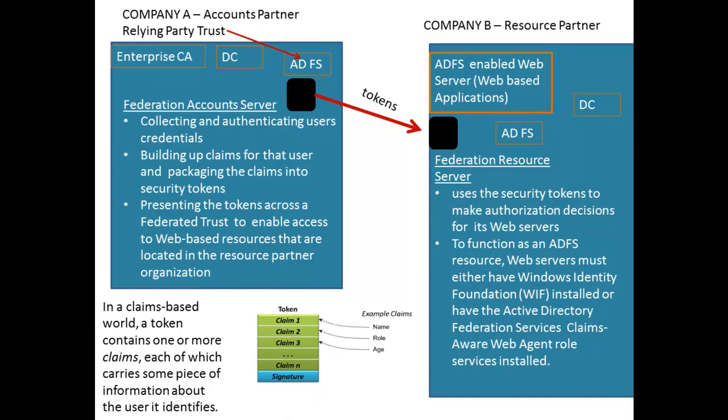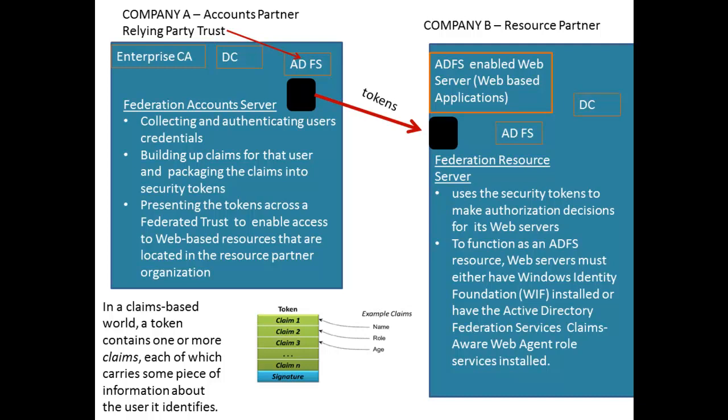This allows a system to provide controlled access to its resources or services to a user that belongs to another company without requiring that user to authenticate directly to the system, and without the two systems sharing a database of user identities or passwords.